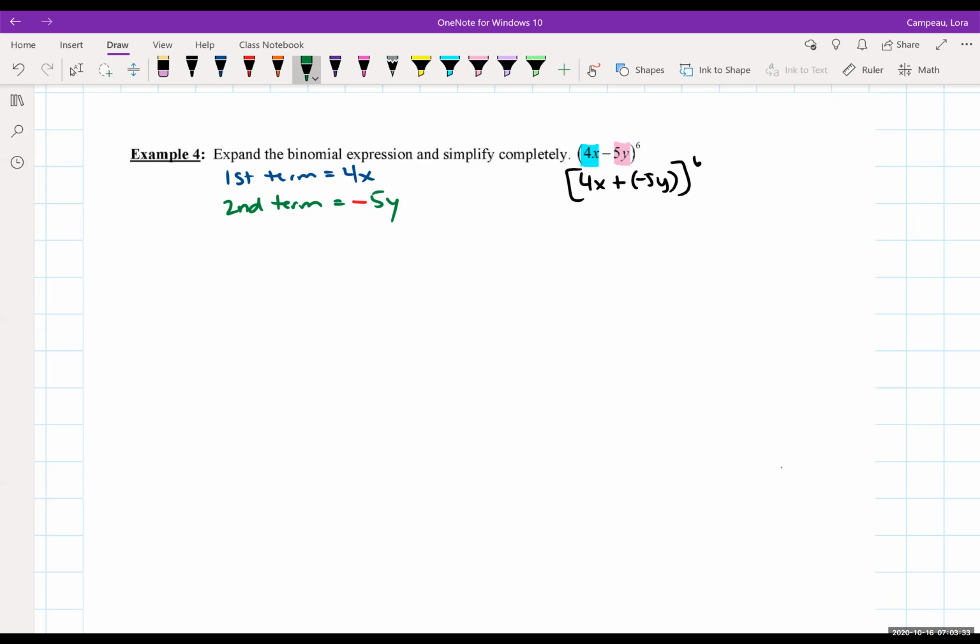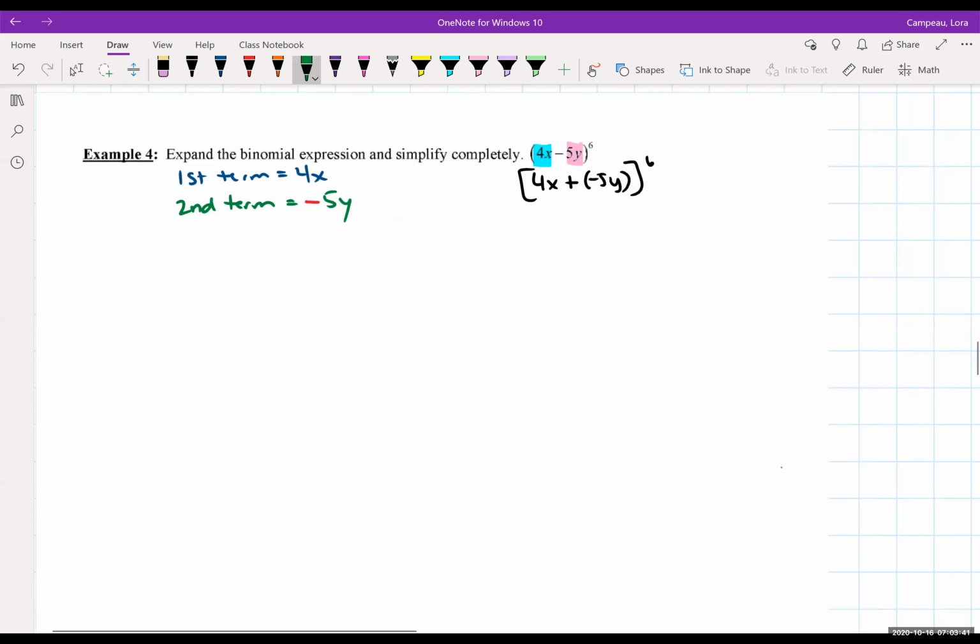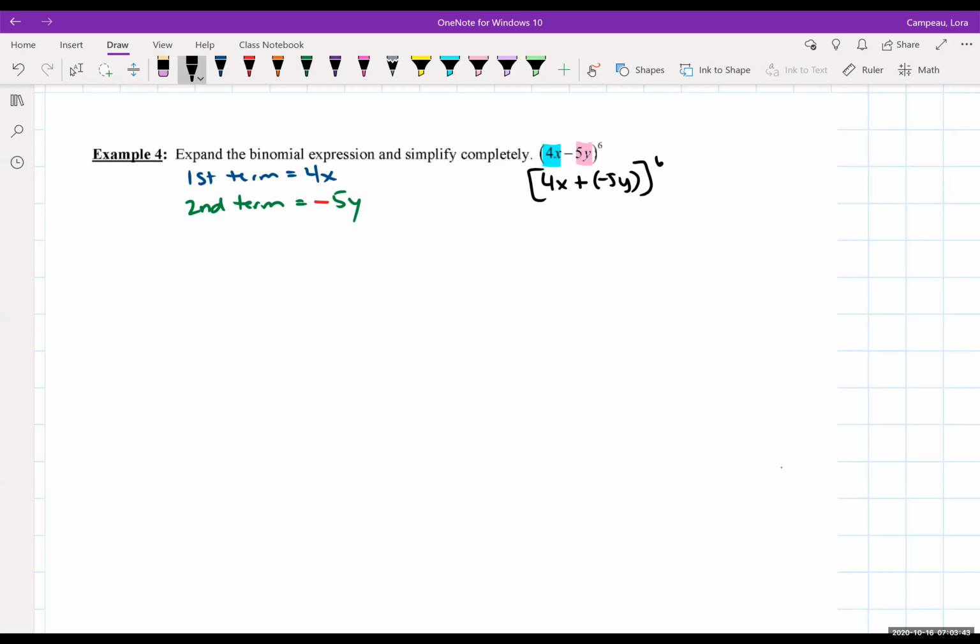If you're going to start off, it might be useful to understand the coefficients first. So again, I will write out my ideas. I have 4x minus 5y, and I'm taking this to the 6th power.